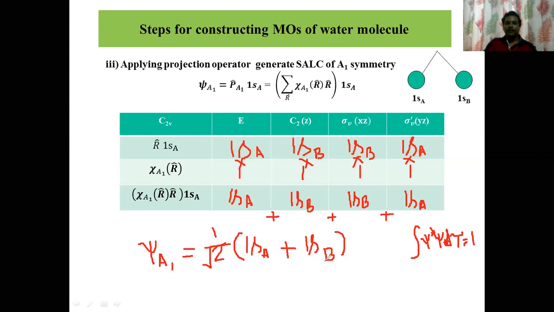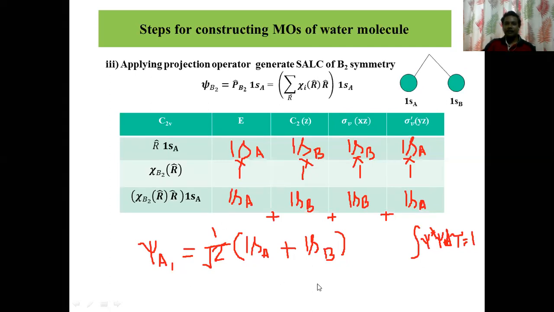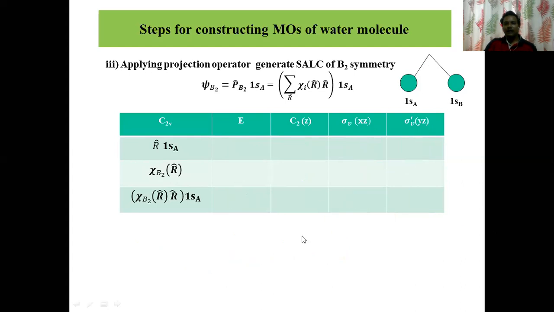Right. Okay. Now, I have one more type of SALC, that is B2 type. That is going to be something like this. Again, we follow exactly the same way, and we sum them up.